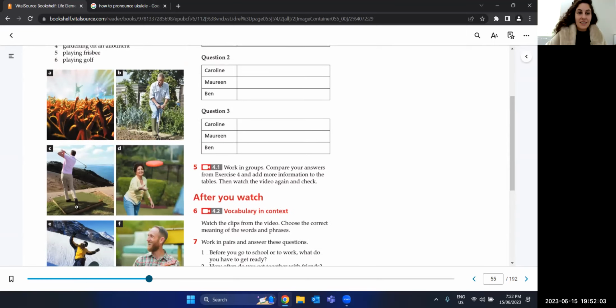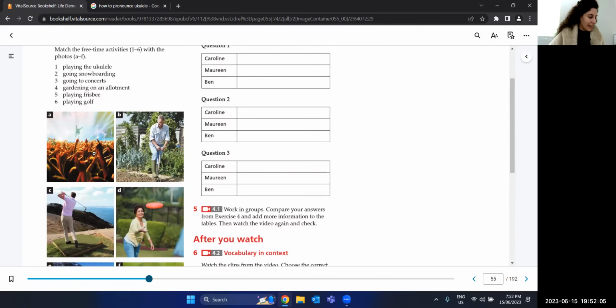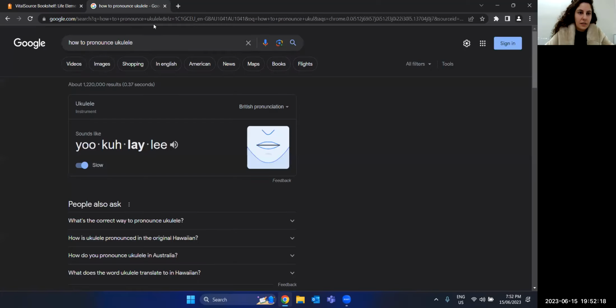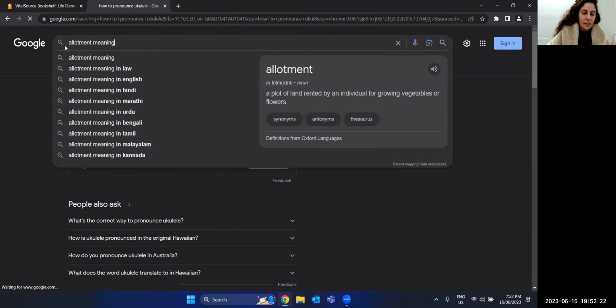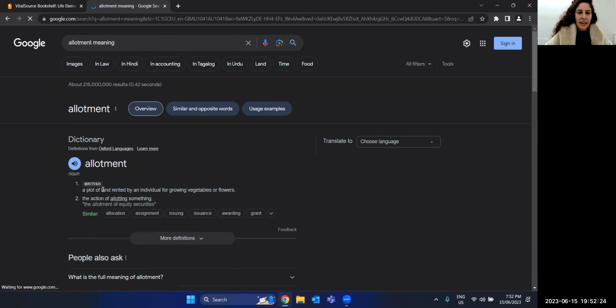Going to concerts, A. Gardening on an allotment, B. An allotment is like a plot of land where they just grow vegetables or flowers.